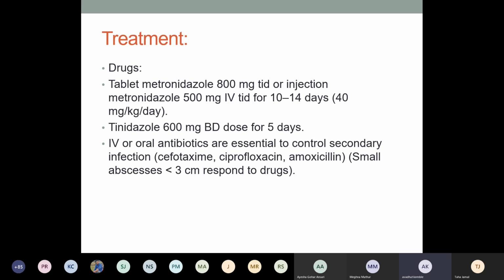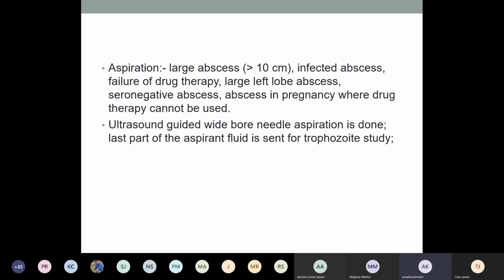Alternative drugs like tinidazole 600 milligrams 12 hourly for 5 days. IV or oral antibiotics are essential to control secondary infections because of low HB and reduction in the albumin levels as far as the abscess is concerned. Most commonly used are broad spectrum antibiotics.